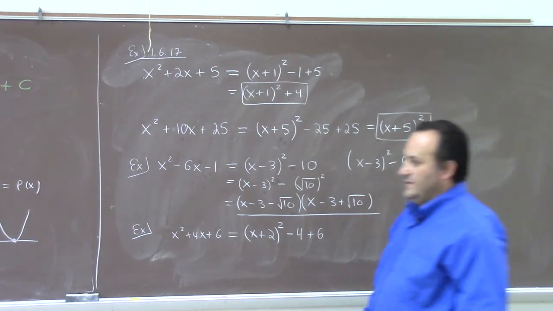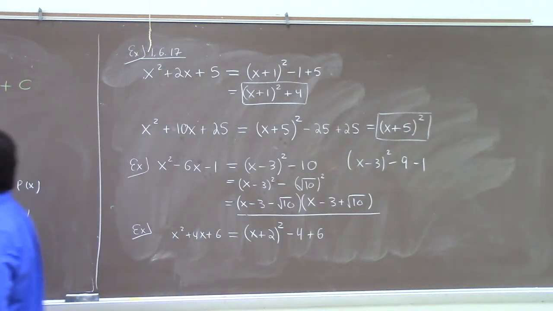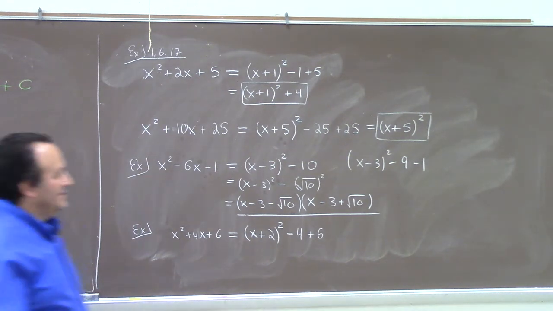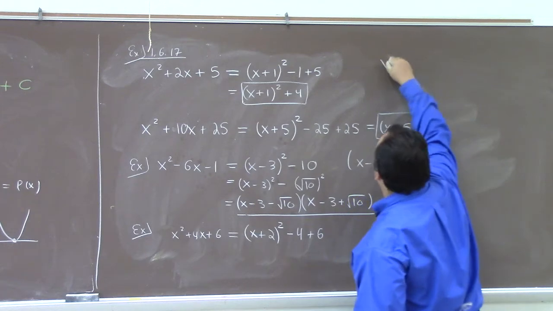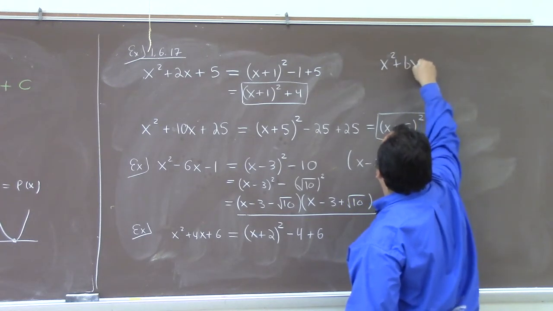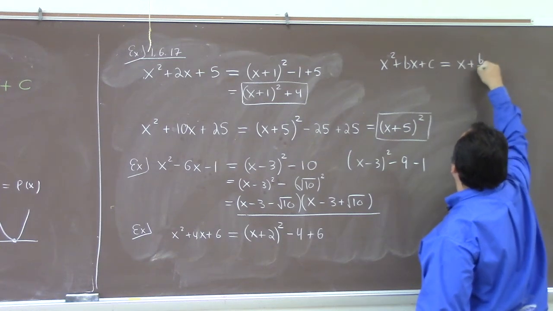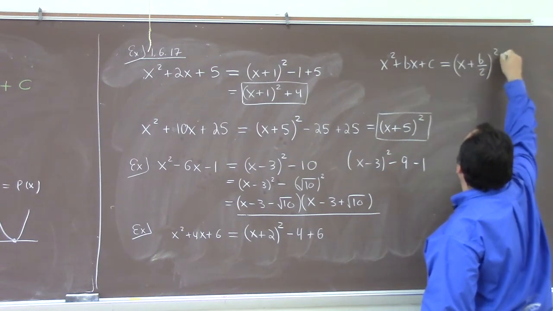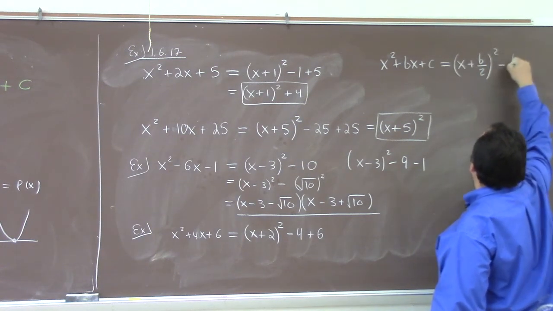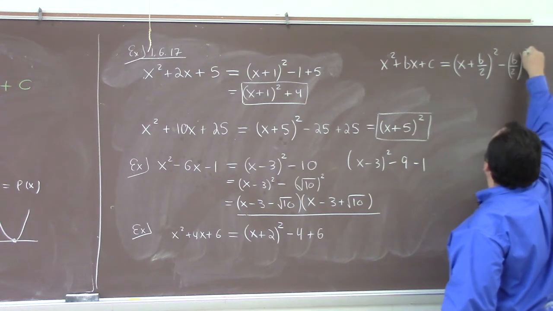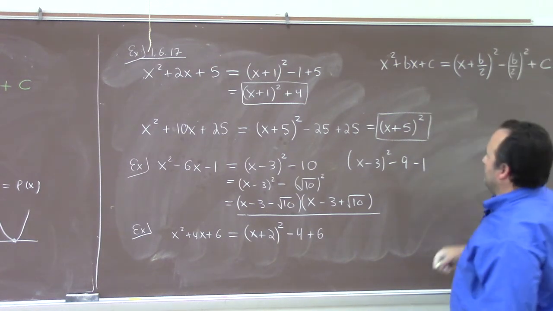But really, maybe it's helpful to go back to my technique and just get rid of step 1 and write it over here. If we have x squared plus bx plus c, we just do x plus b over 2 squared minus b over 2 squared plus c.